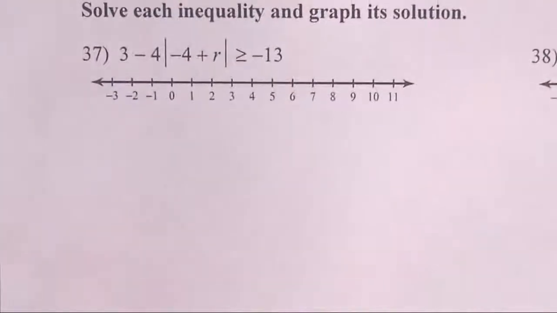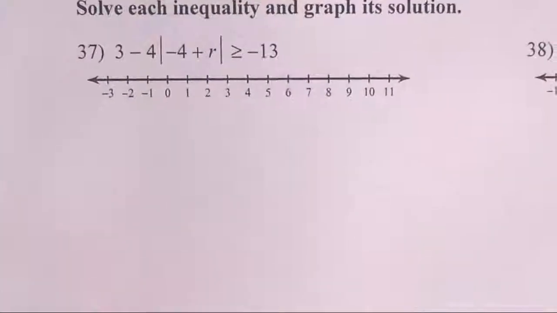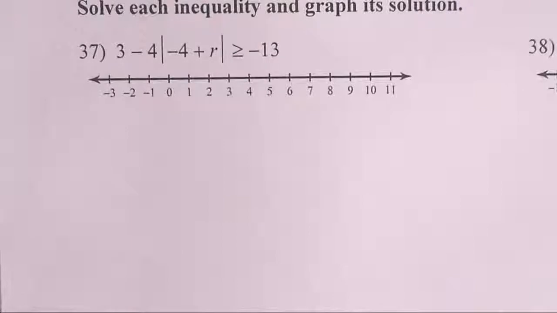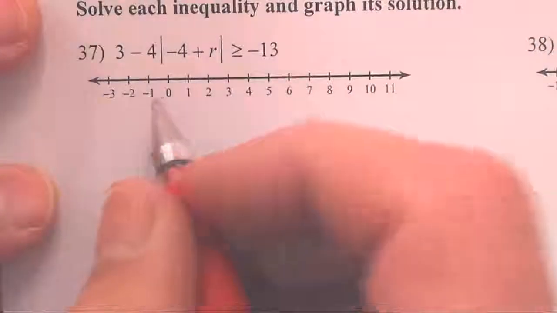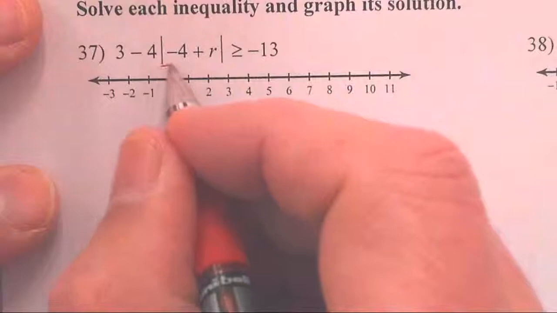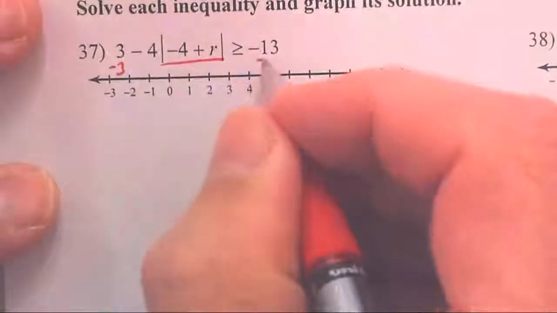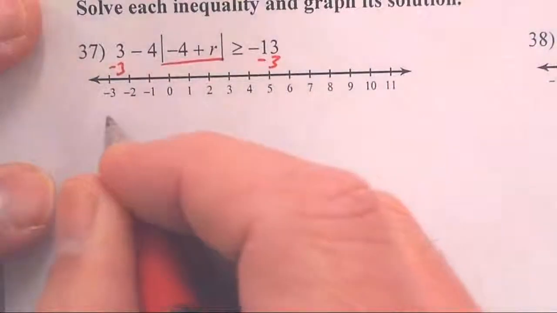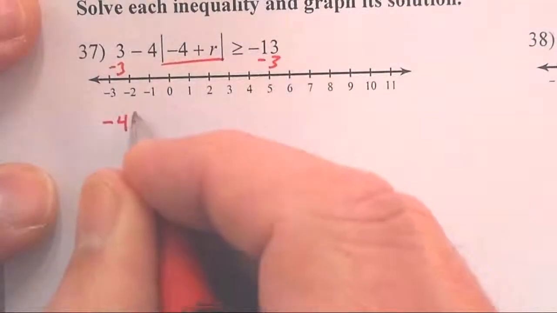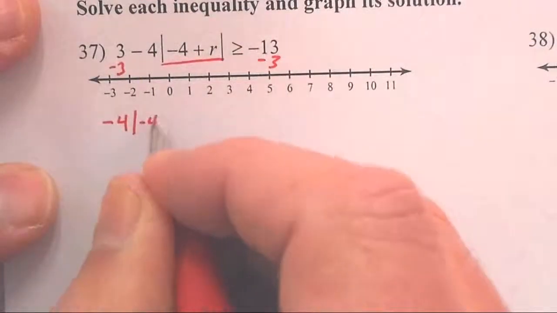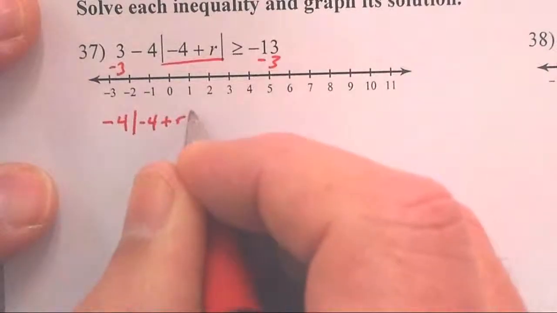Okay, so along those same lines, when we get inequalities with absolute values, the beginning process is exactly the same. One tiny little switch to this as we move on. So first thing I want to do is isolate this guy. So I'm going to subtract 3 on both sides, and I get negative 4 times the absolute value of negative 4 plus r.